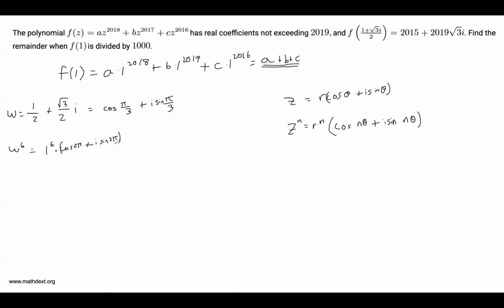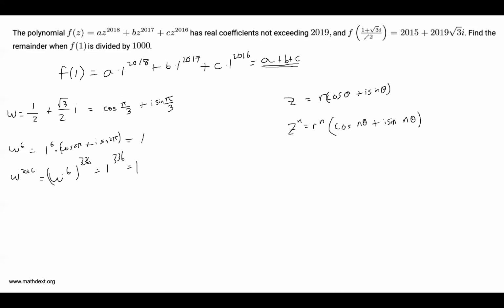We can realize that cosine of 2 pi is 1 and sine of 2 pi is 0, which means that this is equal to 1. So omega to the power of 6 is 1. And omega to the power of 2016 is omega to the 6 to the power of 336, which is 1 to the power of 336, which is just 1.